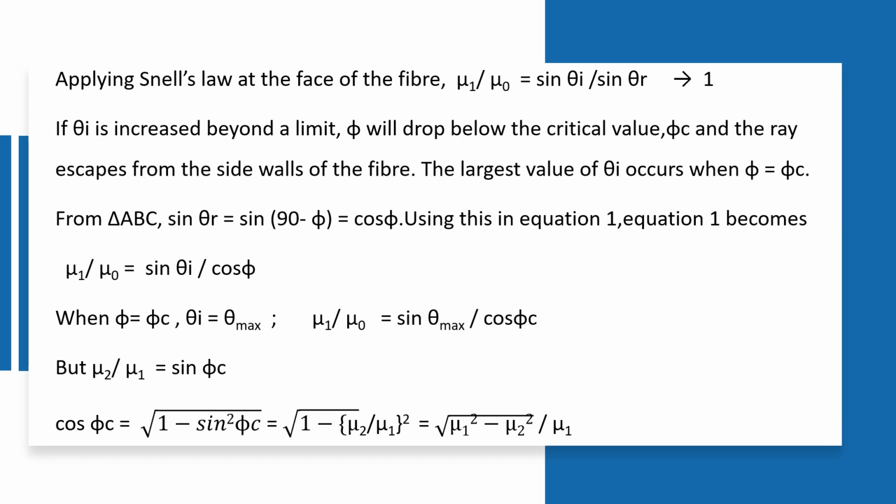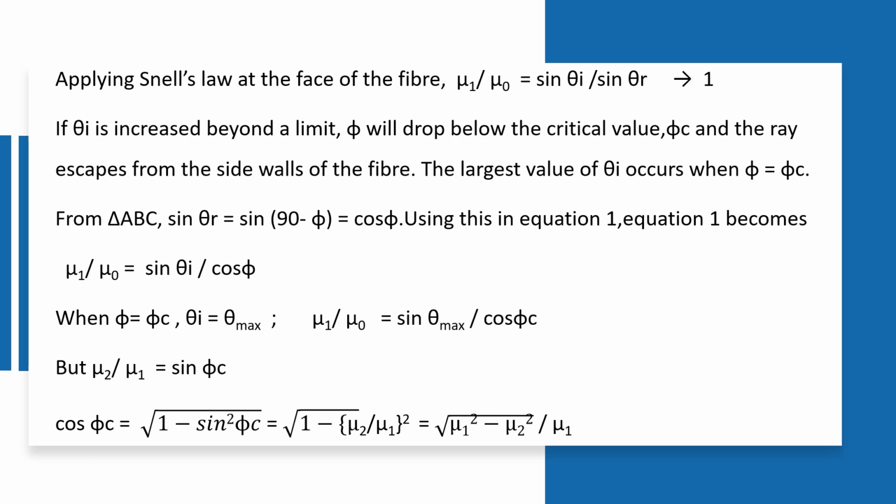From Snell's law, at the face of the fiber, the refractive index of the fiber medium, that is the core medium, divided by the refractive index of the air medium is equal to the sine of the angle of incidence to the sine of the angle of refraction. That is, mu1 by mu0 is equal to sine theta I divided by sine theta r. This equation is considered as equation 1.